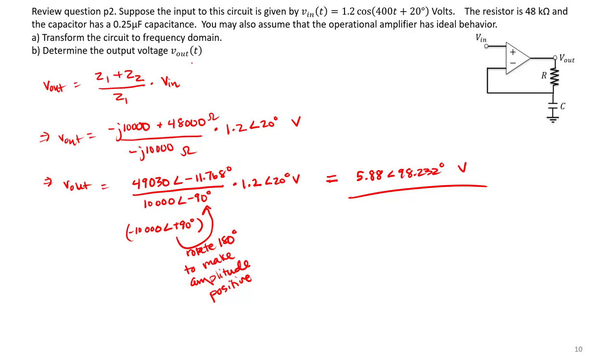But are we done yet? Notice we need to write our final answer as a function of time. So we need to convert back to a sinusoid. And so if we do that, we determine our Vout will become 5.88 cosine.